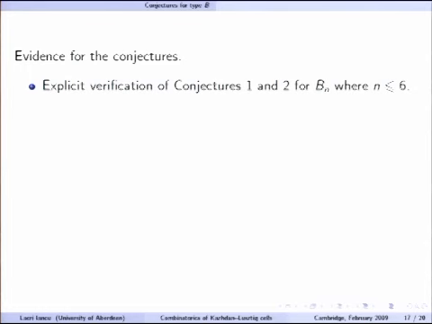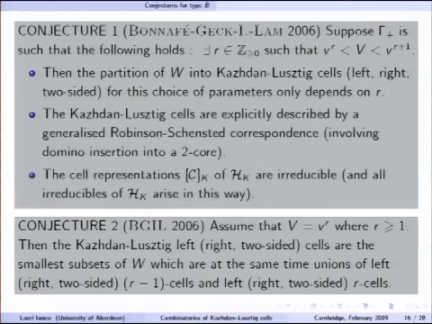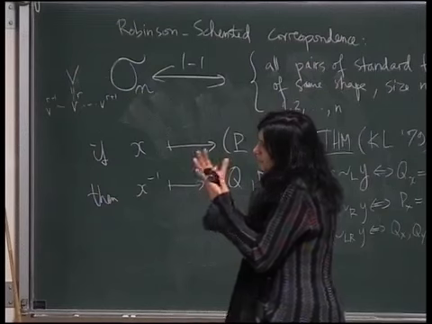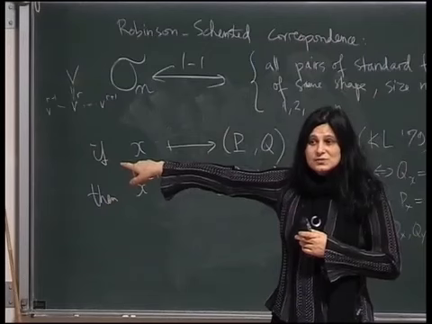What is the evidence? Well, first of all, we checked it for some small values. And more seriously, we could reformulate it, and the conjectures were actually formulated at the beginning in another, natural way, which included what we did in the asymptotic case with Cédric Bonnafé.